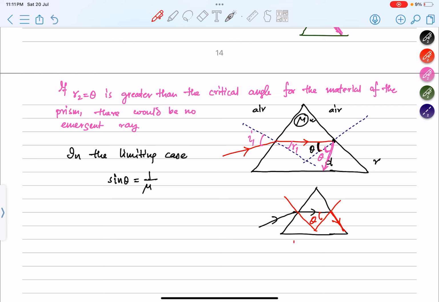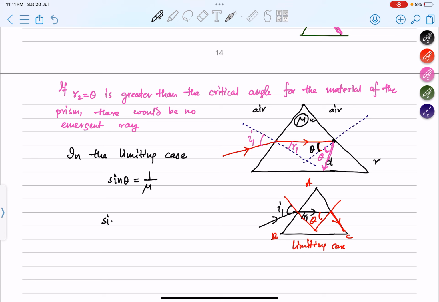In the limiting case, the emergent ray will be just passing along the AC face. Clear? So if we consider Snell's law here, let us say this is I1, this is R1, this is theta.